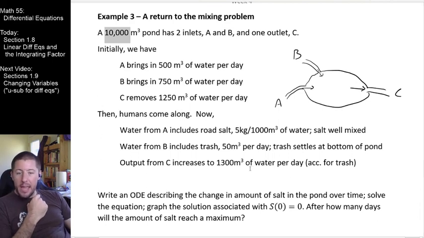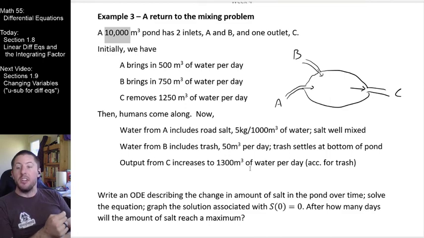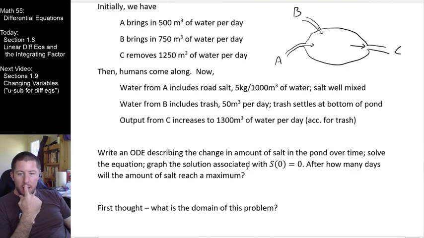Because if every day we add 50 cubic meters of trash and it never gets removed, and the volume of the pond is constant over time, then that volume of trash is replacing the water over time until eventually it's just a scoop of land removed with trash in it. This is literally just becoming a landfill over time.